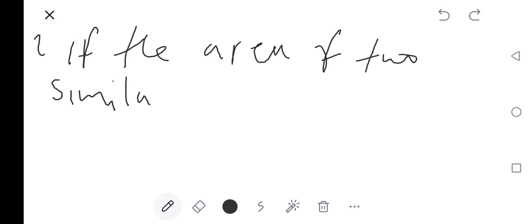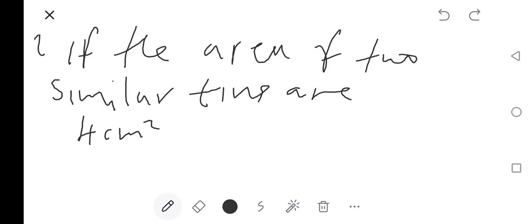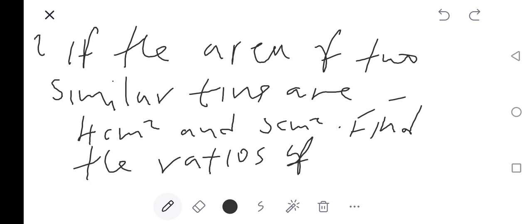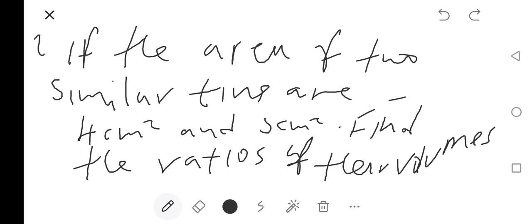If the area of two similar things are 4 centimeters squared and 3 centimeters squared, find the ratios of their volume. Are you there?